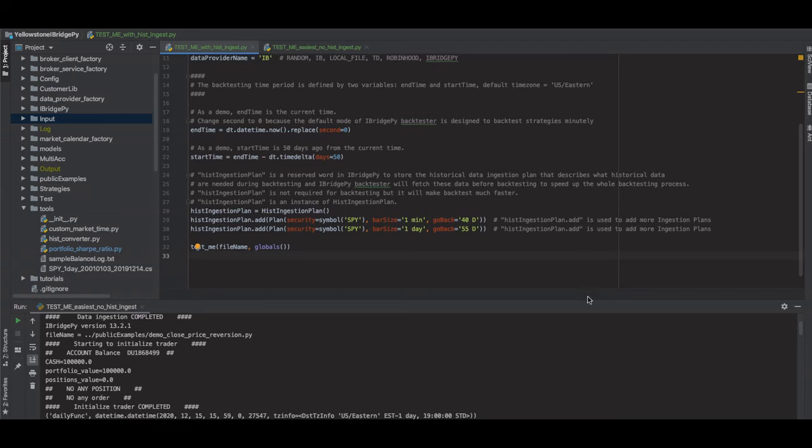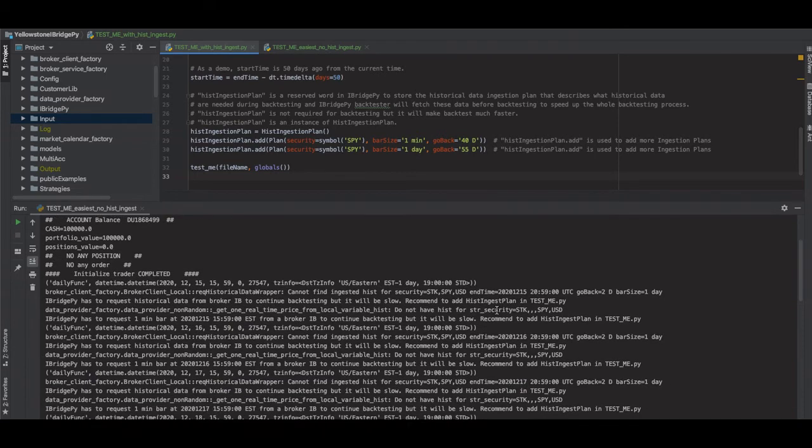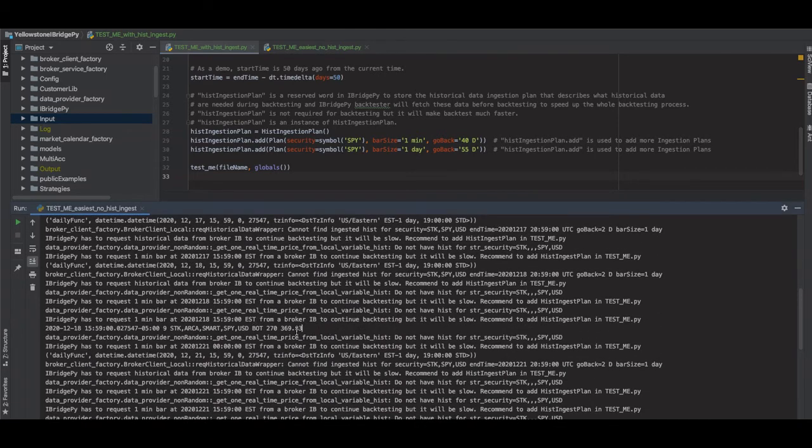Let's go back to here. For example, in the backtesting on December 18th at 3:59, there is a transaction to buy 270 shares of SPY. The backtester needs a price at that moment to simulate the whole transaction, and this price is retrieved from Interactive Brokers.